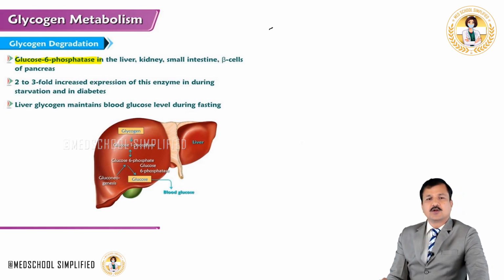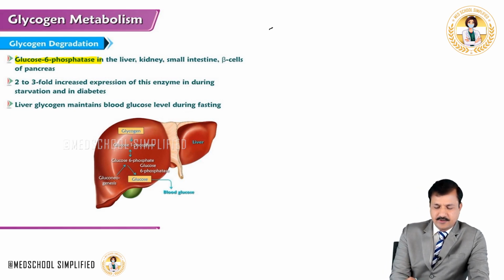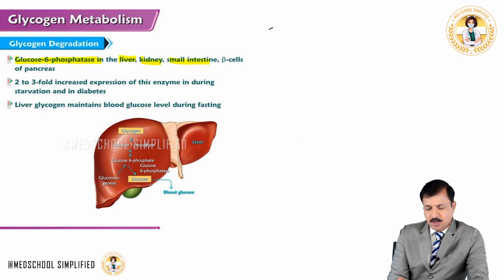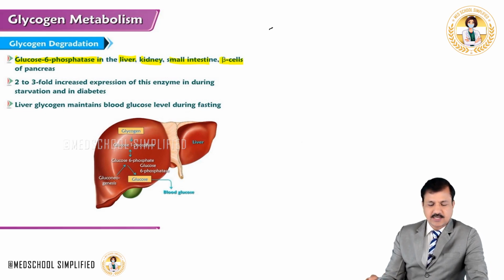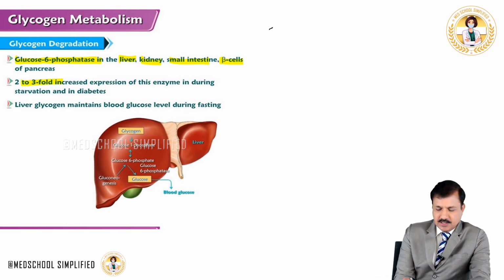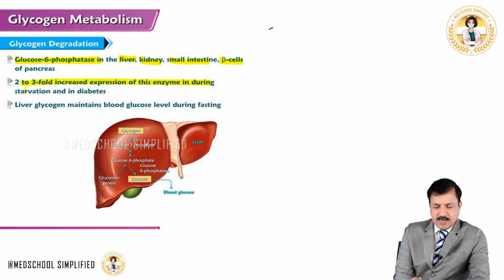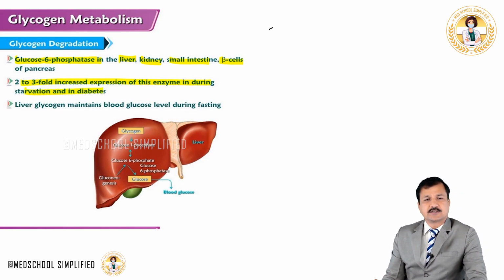glucose-6-phosphatase enzyme. Note that the glucose-6-phosphatase enzyme is located in the membrane of the endoplasmic reticulum, and it is seen predominantly in the liver, kidney cortex, small intestine and beta cells of the pancreas. There will be a 2 to 3 fold increased expression of glucose-6-phosphatase during starvation and in diabetes mellitus.